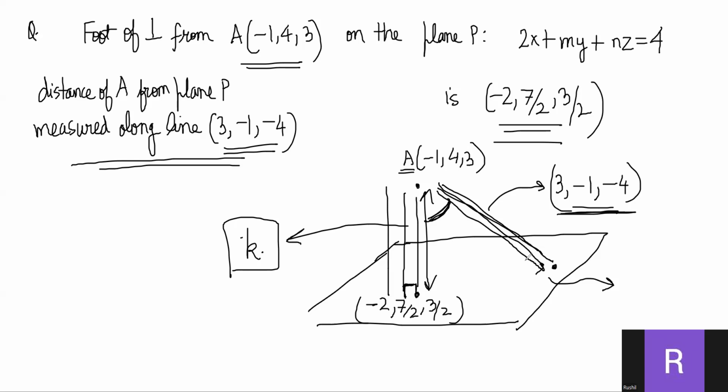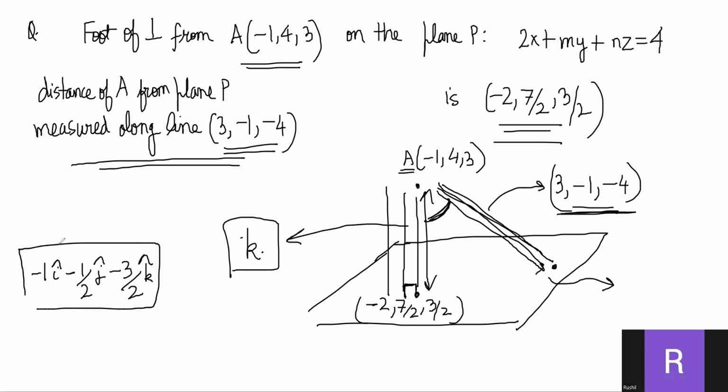The direction ratio here is -2 minus 1, so -1 i, and 7/2 minus 4, so -1/2 j, and 3/2 minus 3, so -3/2 k. This is the direction ratio of this line. Direction ratio of this line is 3i minus j minus 4k.